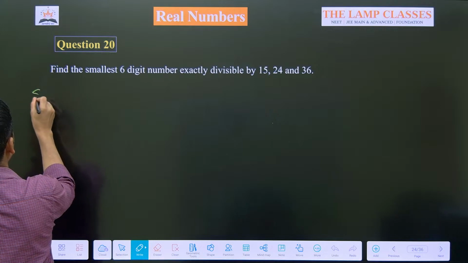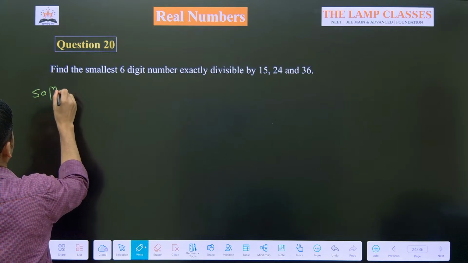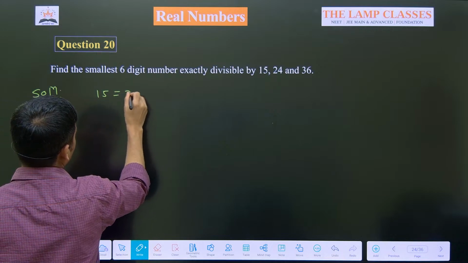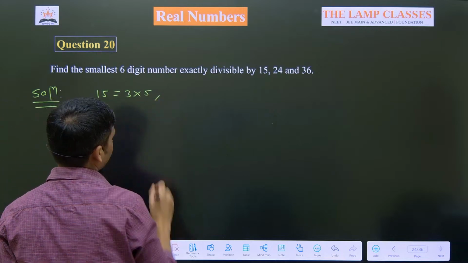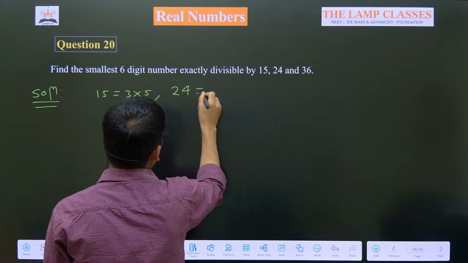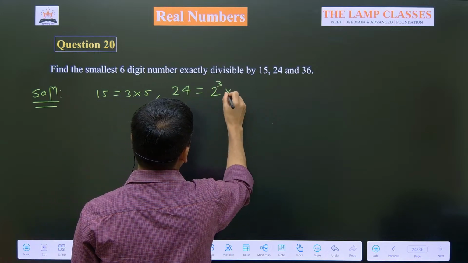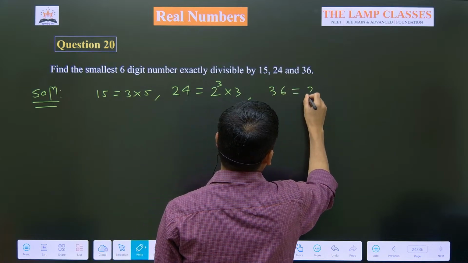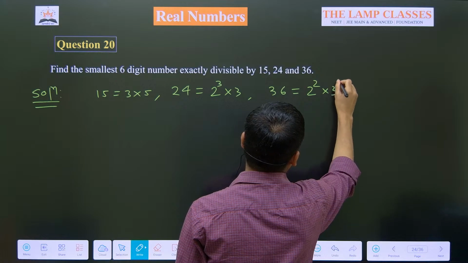So in the solution, 15 can be written as 3 into 5. I know you all will be able to solve, but let's do it together since we have limited time here. Then 24 is 2 raised to 3 into 3, and 36 is 2 square into 3 square.